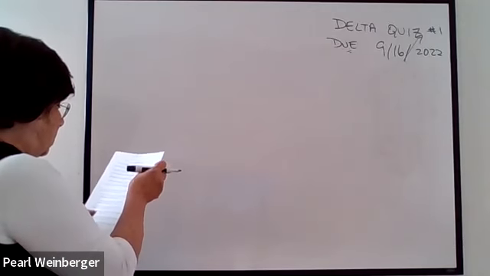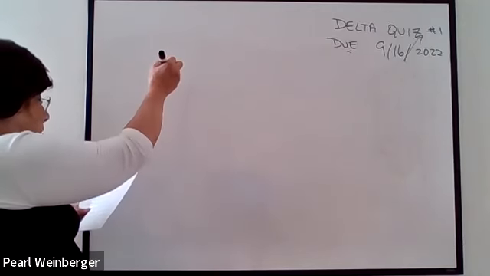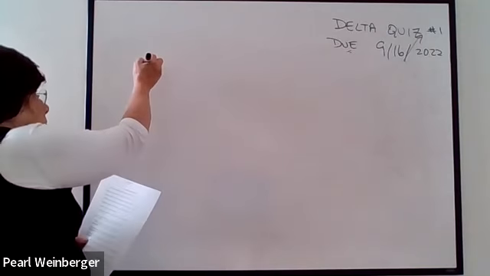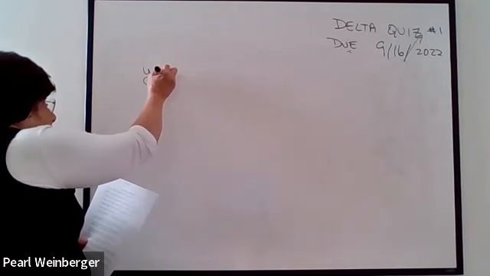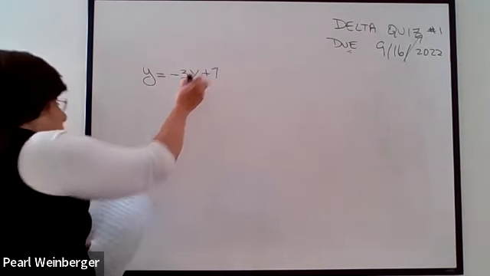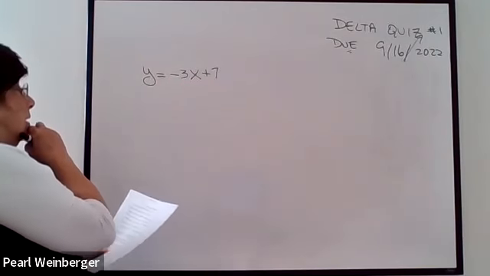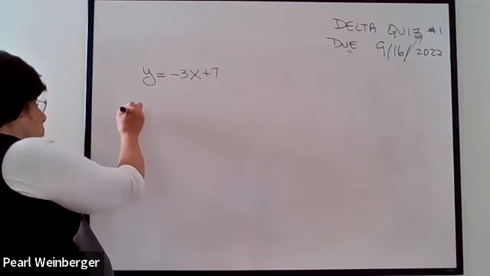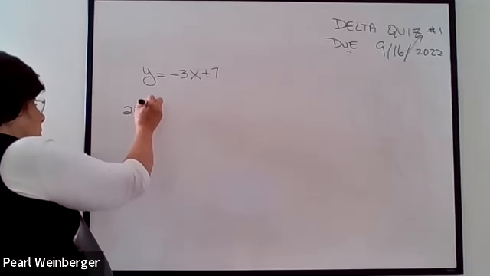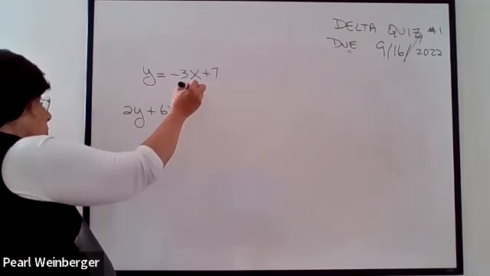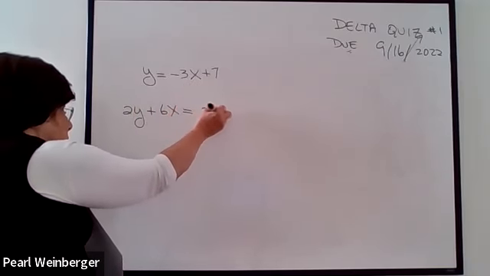So let's say one equation is y equals -3x plus 7. And let's say another equation is 2y plus 6x equals 22.